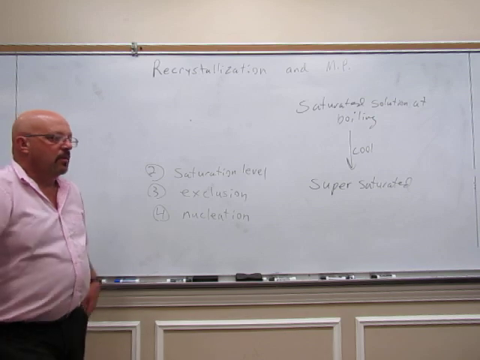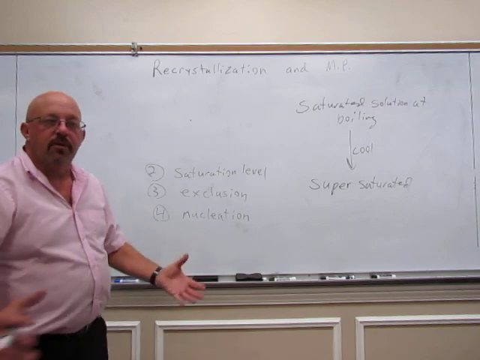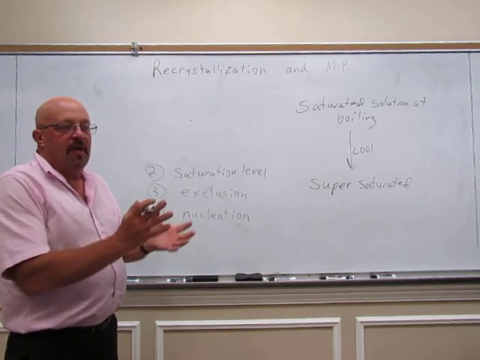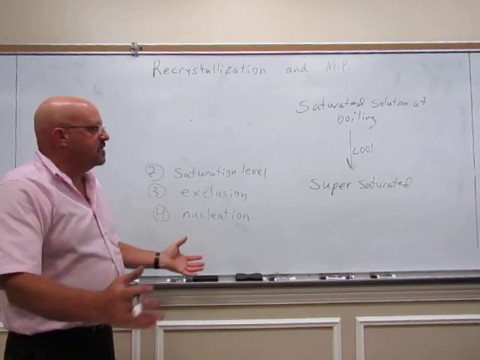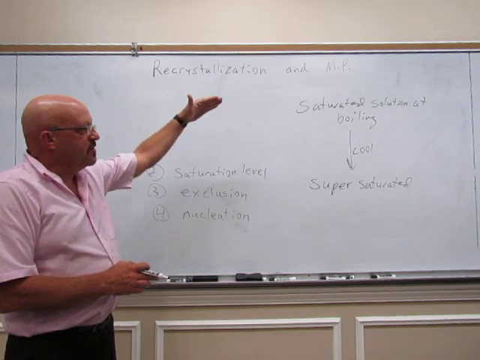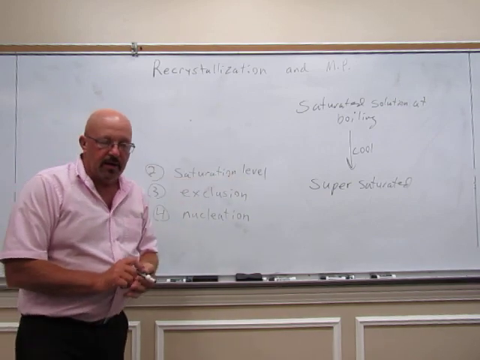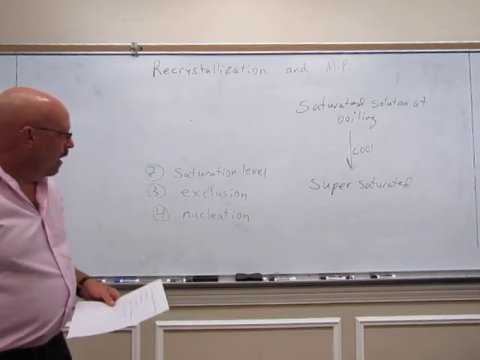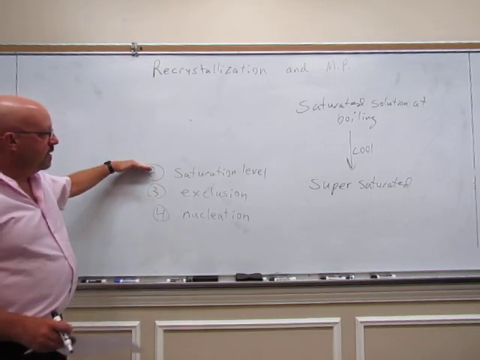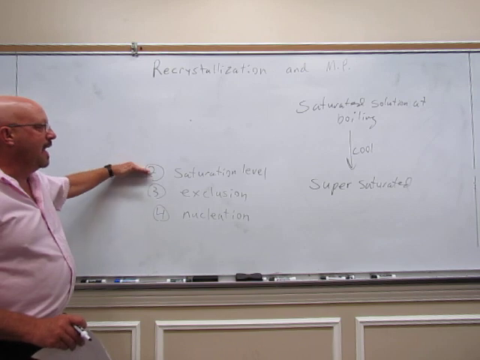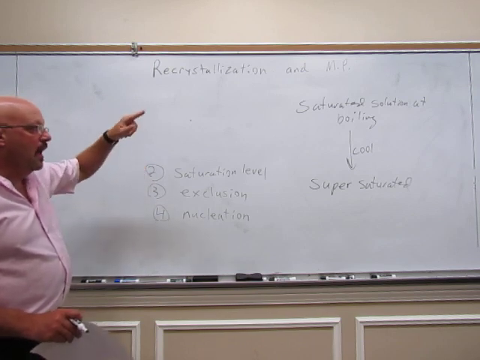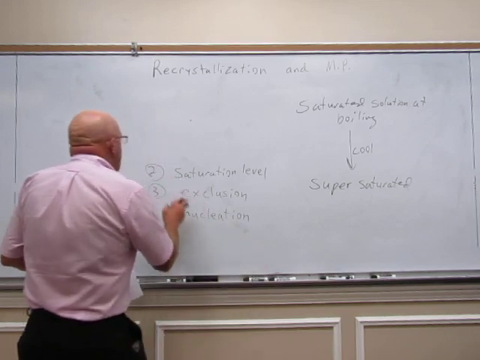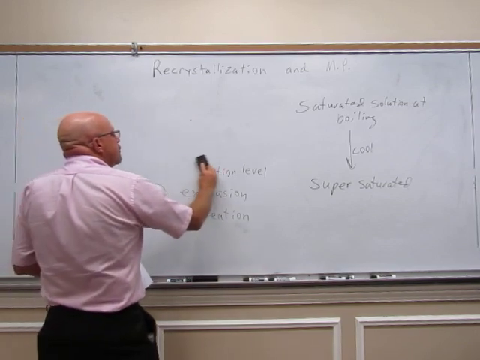And so crystals start to come out of solution. The solvent can't dissolve that much, and so it comes out of solution. So we have the saturated solution becoming supersaturated and crystals come out. Okay, so saturation is important. We need a saturated solution at boiling, and then when we cool it becomes supersaturated and we get crystals to come out of solution.